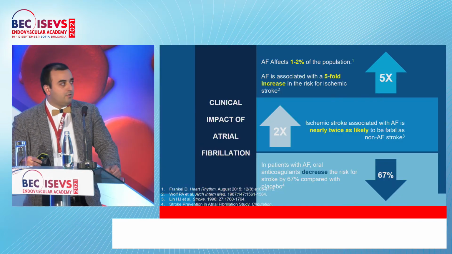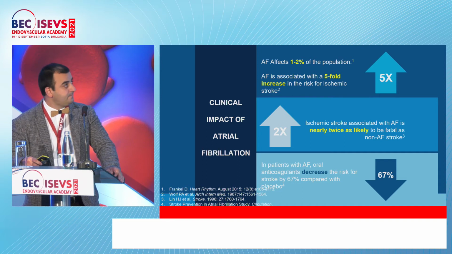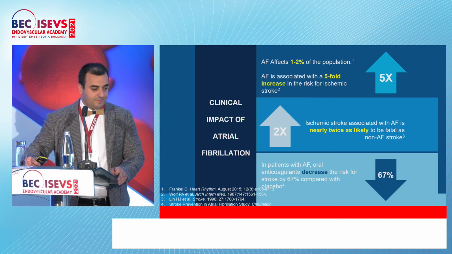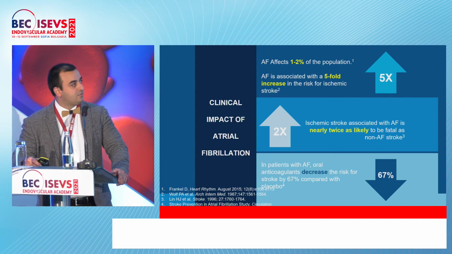As we all know, atrial fibrillation is a really common condition, and it affects around 1 to 2% of the whole population worldwide. Atrial fibrillation is associated with a 5 times increased risk for ischemic stroke.